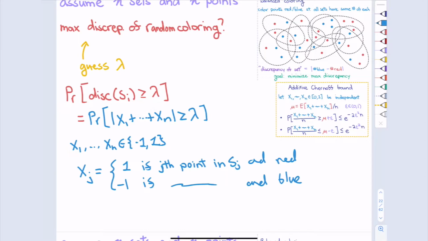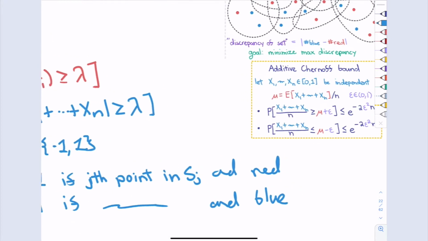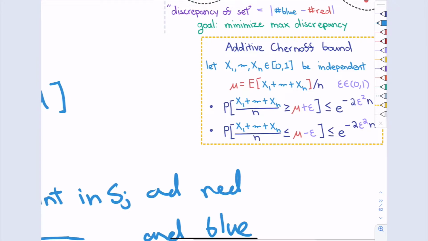Now let me say two things. One is the additive Chernoff bound. For simplicity, I said it was between 0 and 1, but we discussed how it's translation invariant. If I subtracted 1 from everything, so it's between -1 and 0, the average would also go down by 1, so everything just shifts down and nothing really changes because we're only looking at an additive error. So the fact that we're now doing -1 or 1 doesn't change it too much.